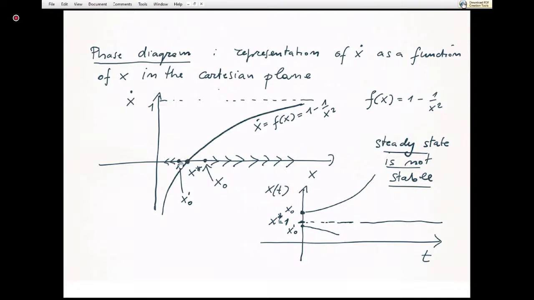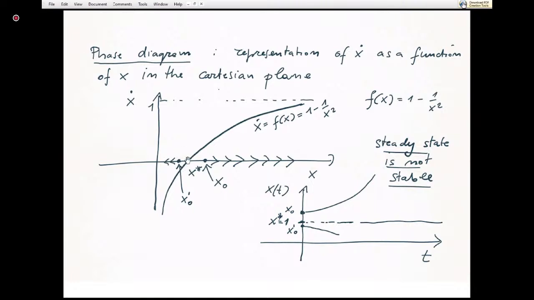But now suppose that the variable starts below its steady state level, for instance, 0.9. What is the value of the time derivative at this point? It is negative. Negative time derivative means the variable x of t decreases with t. As time passes, my variable moves to the left because it decreases. Okay? This is a steady state, but what can we conclude about its stability? Is it stable?